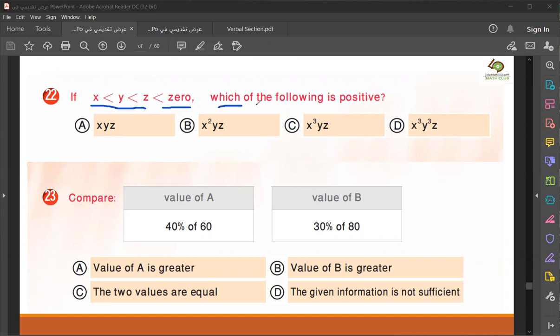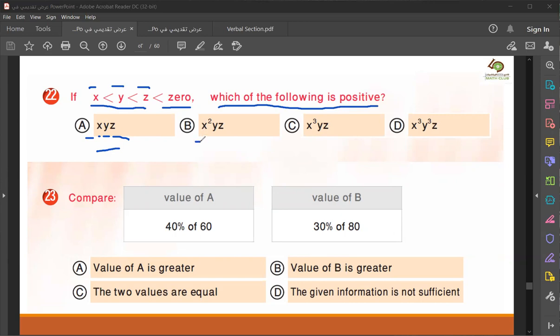Now the question says, which of the following is positive? Because x is negative, y is negative, z is negative, when you multiply negative times negative times negative it will be negative, right?